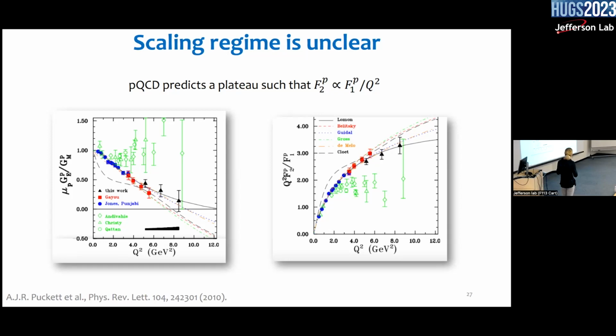And on the right, as I showed you, you can rewrite GE and GM in terms of F1 and F2. They expect a scaling, like a plateau here. And with the polarization data, it's still climbing. That could have all sorts of different explanations that people are excited to talk about.